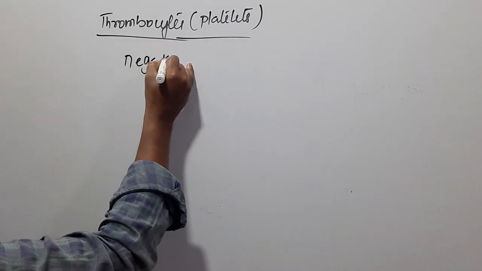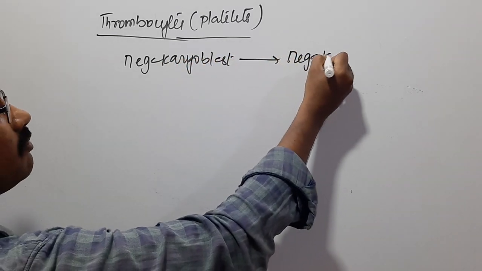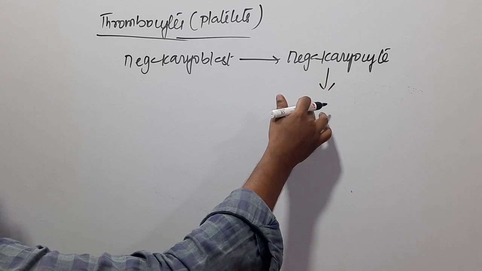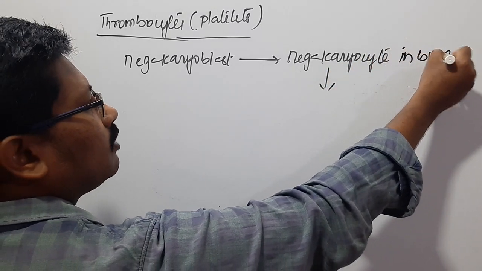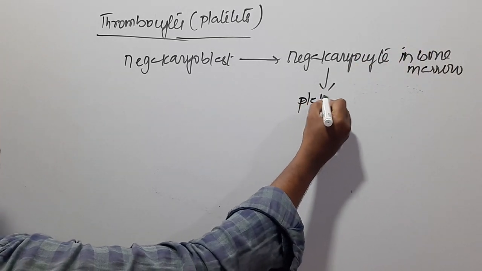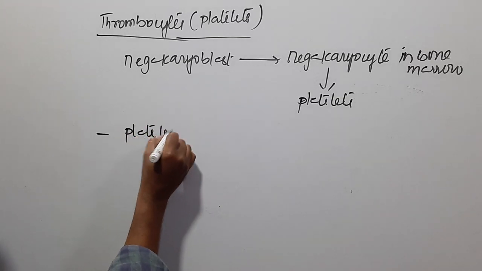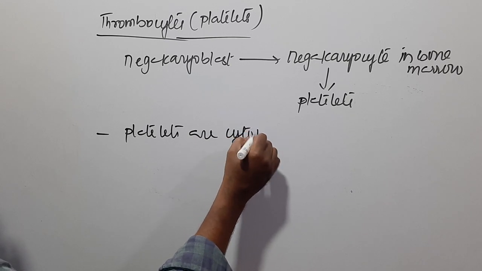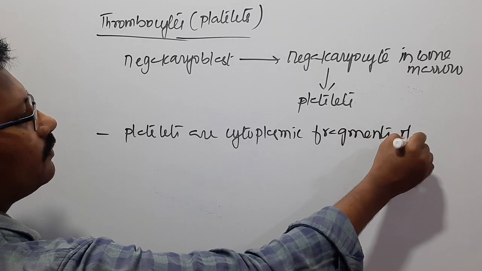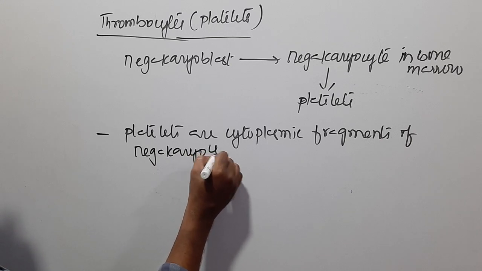I'll say megakaryoblast will become megakaryocyte, and that megakaryocyte in bone marrow. So this takes place in bone marrow, that results in the formation of these platelets. So here the platelets are cytoplasmic fragments of megakaryocyte.